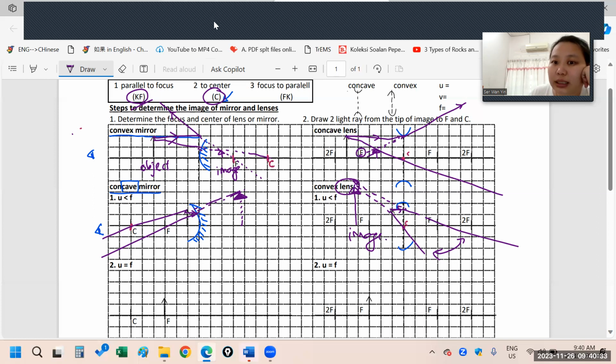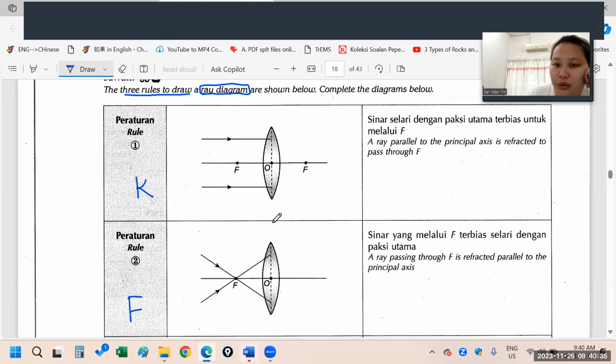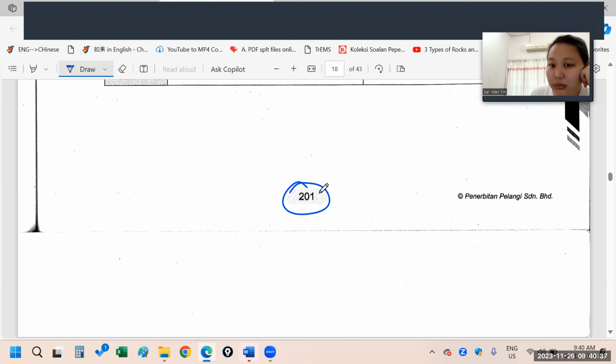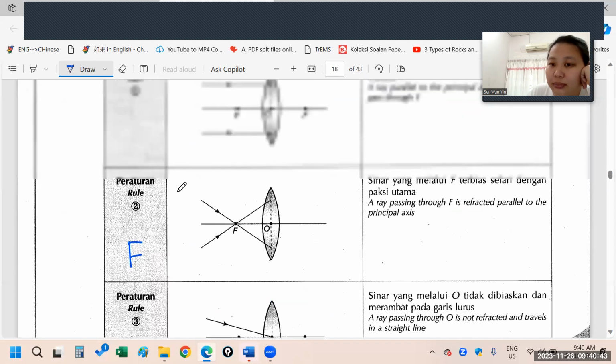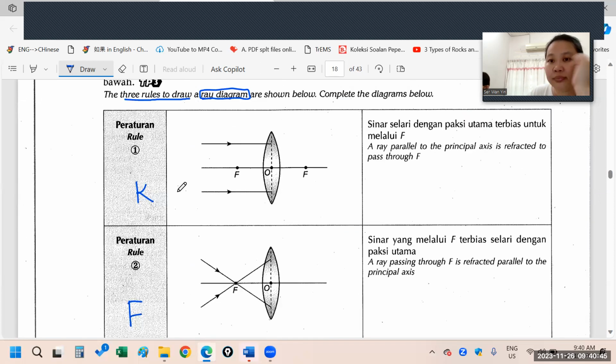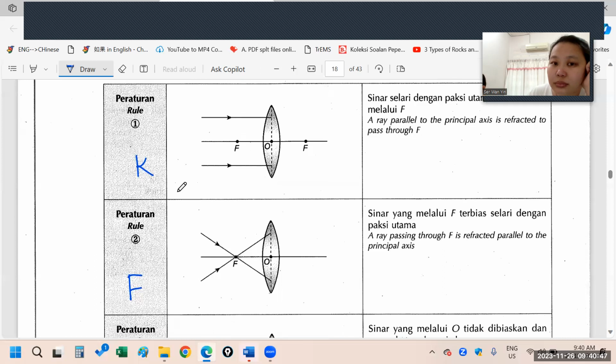So now look at page 201. A ray parallel to the principal axis is refracted past F. So we say this is KF.